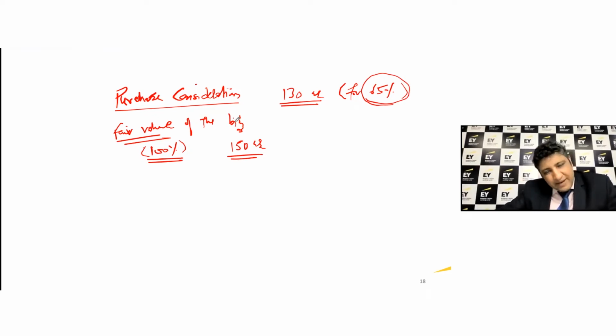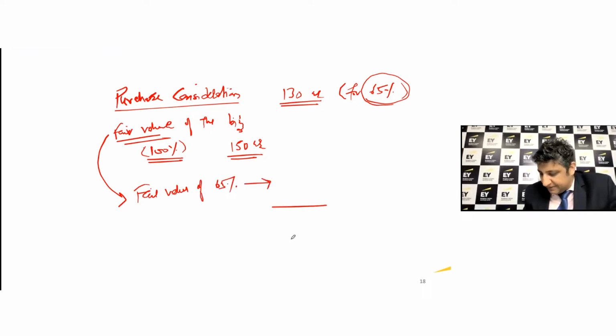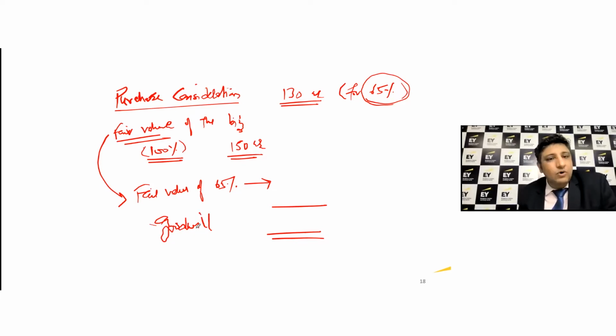So we may argue that if I were able to determine the fair value of 65%, I can simply calculate the difference between what is being paid versus what is the value thereof. And that premium, if it is a positive one, would result in goodwill.